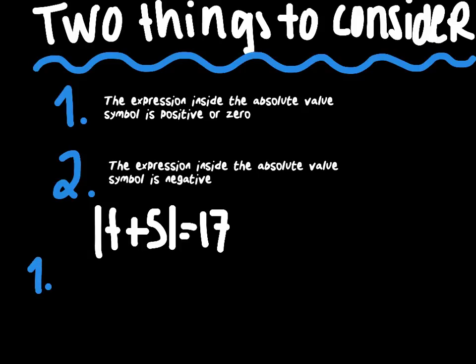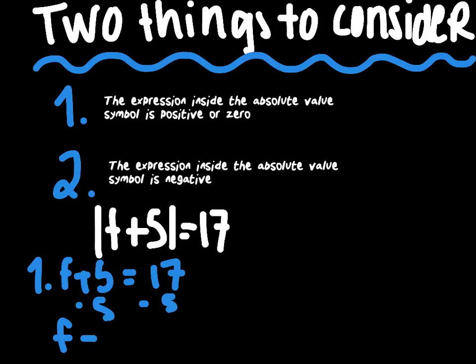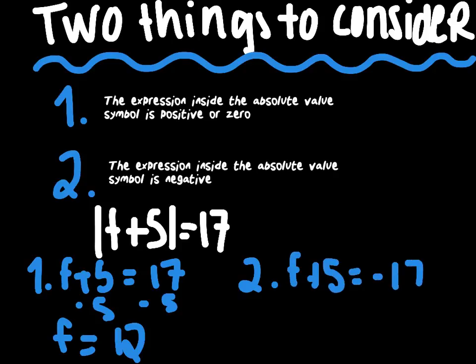Then f plus 5 equals 17, minus 5 on both sides, and f equals 12. The other way is that the expression inside the absolute value symbol is negative. That means f plus 5 equals negative 17. See, that's the difference. Then minus 5 on both sides, and f equals negative 22, because negative 17 plus negative 5 is negative 22.